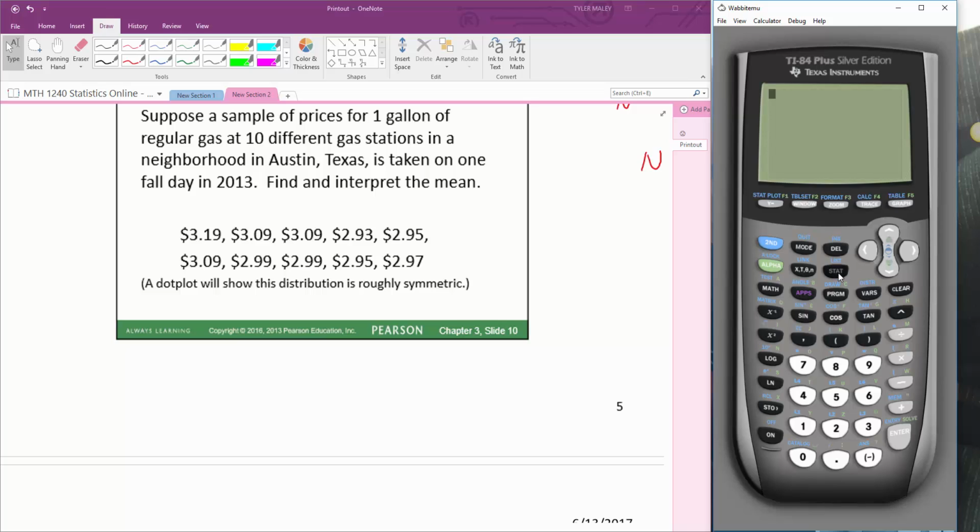So if I go back to stat and I want to go to edit again, now I can input my data all into L1, right? List 1. So we would hit 3.19 and then hit enter, and then 3.09, enter. So keep doing this until you enter all the data points in.